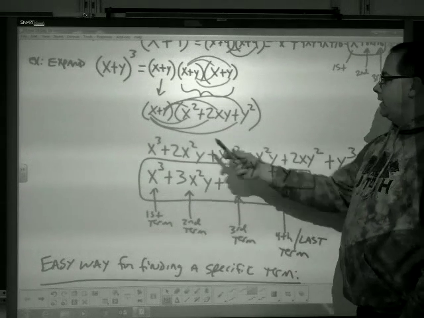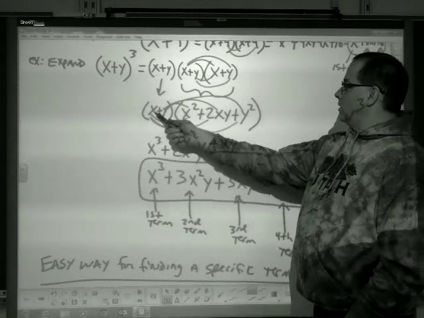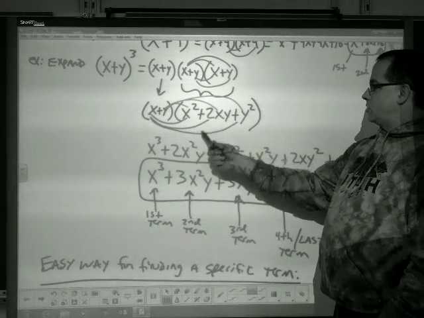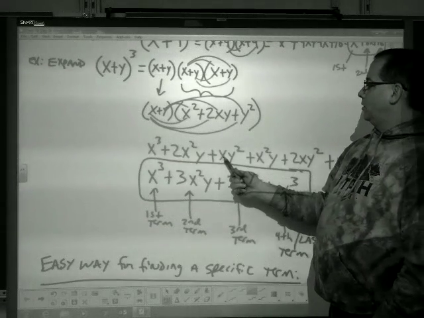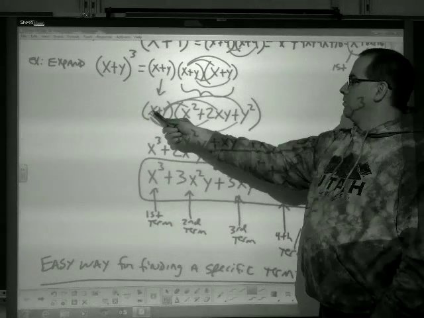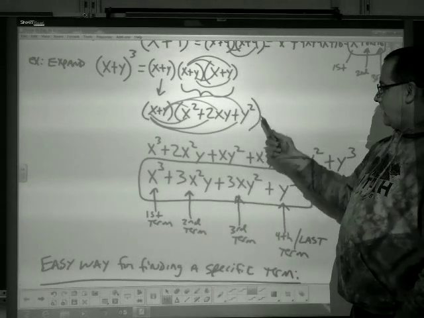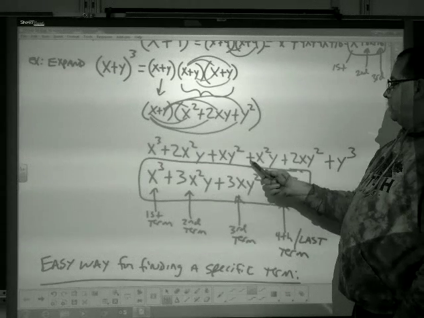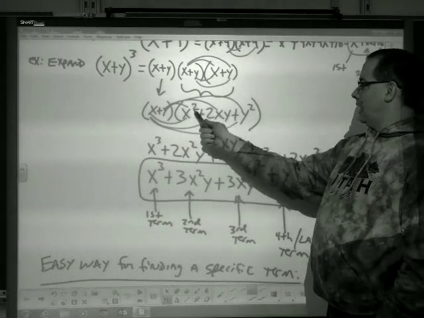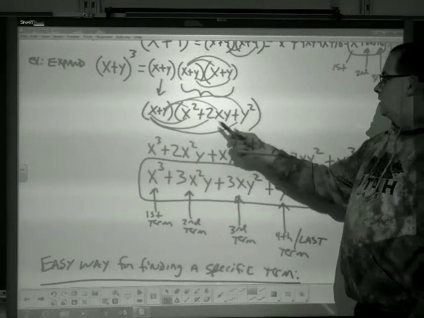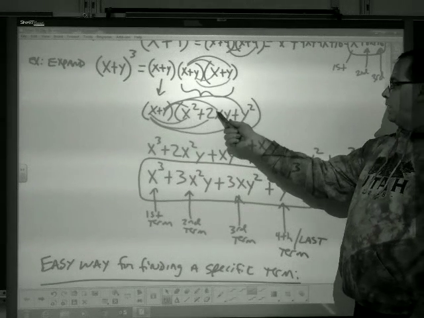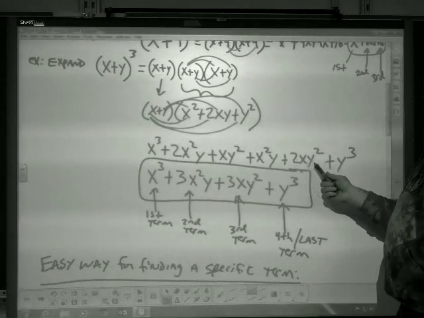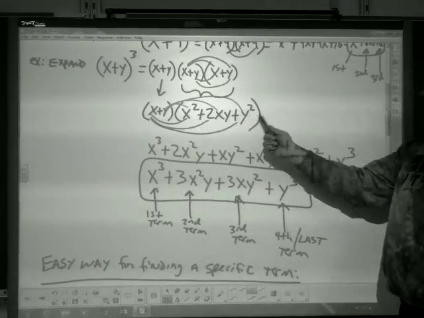And when I do that, I get x to the third plus 2x squared y plus xy squared plus x squared y plus 2xy squared plus y to the third.